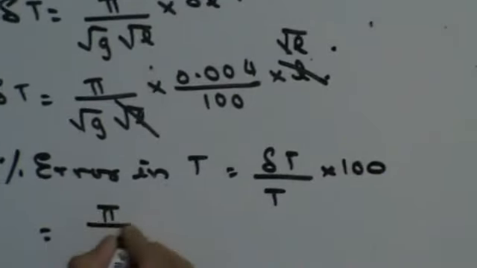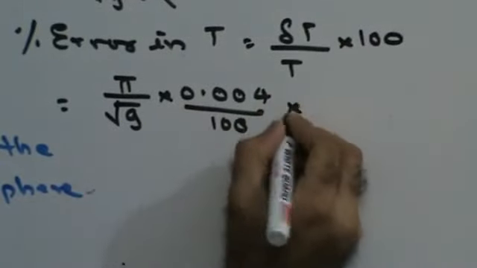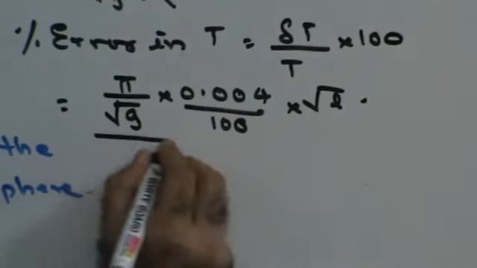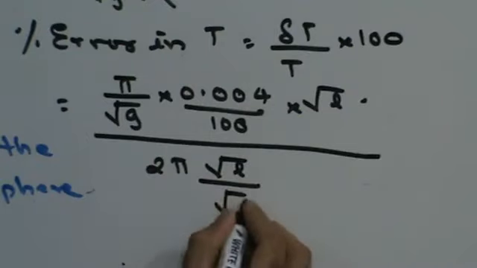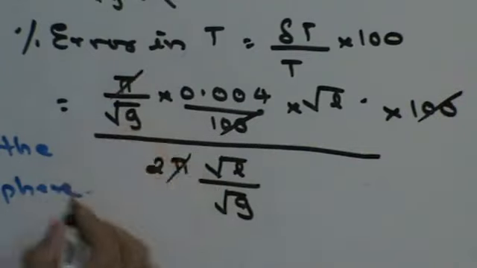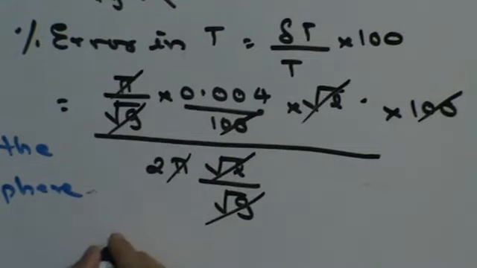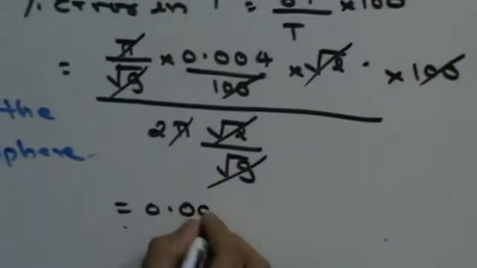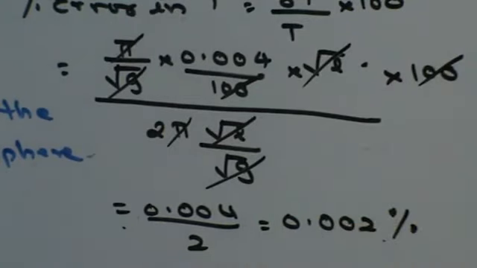So that's going to be pi by root g into 0.004 upon 100 into root L, upon 2 pi root L by root g into 100. 100 gets cancelled, pi gets cancelled, root g gone, root L gone, right? So in that case you will get 0.004 divided by 2, that is 0.002%. Therefore the error in the calculation of T is going to be 0.002%. Next, take down the next sum please.